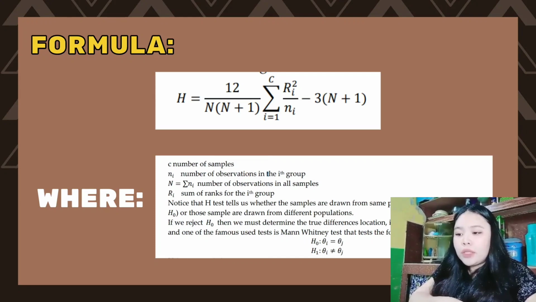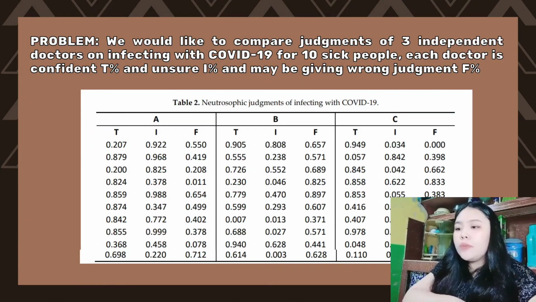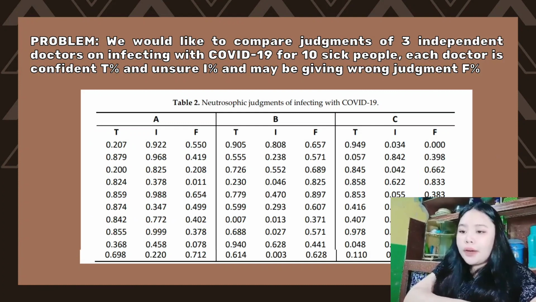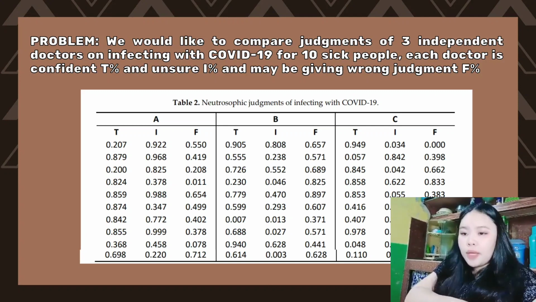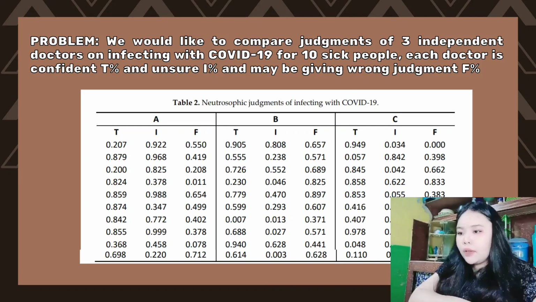following hypothesis. Problem: we would like to compare judgment of 3 independent doctors on infecting with COVID-19 for 10 sick people. Each doctor is confident T% and unsure I% and may be giving wrong judgment F%.